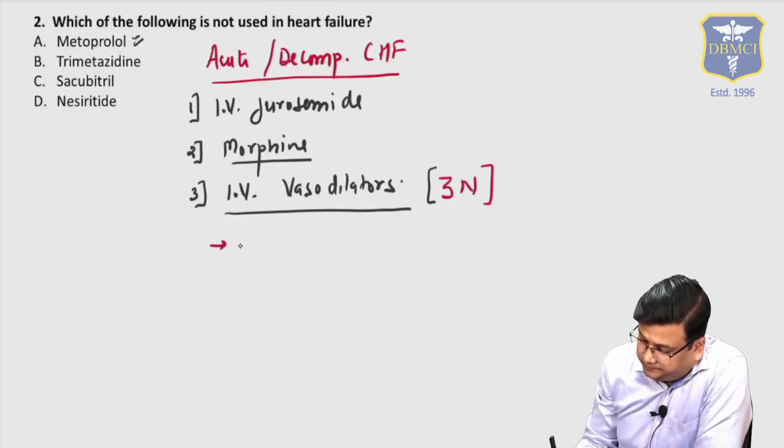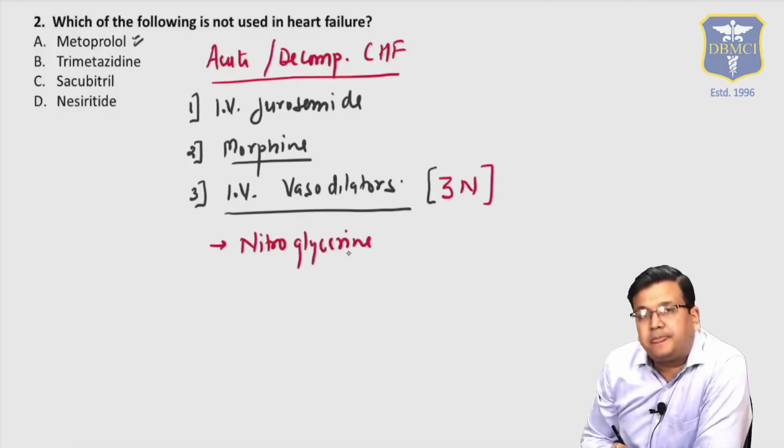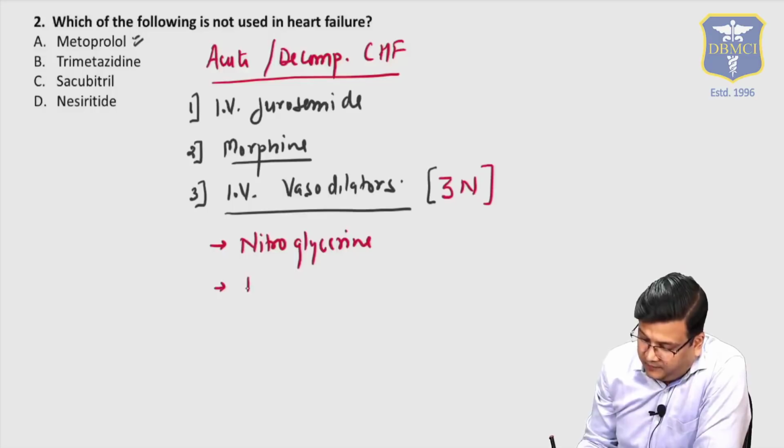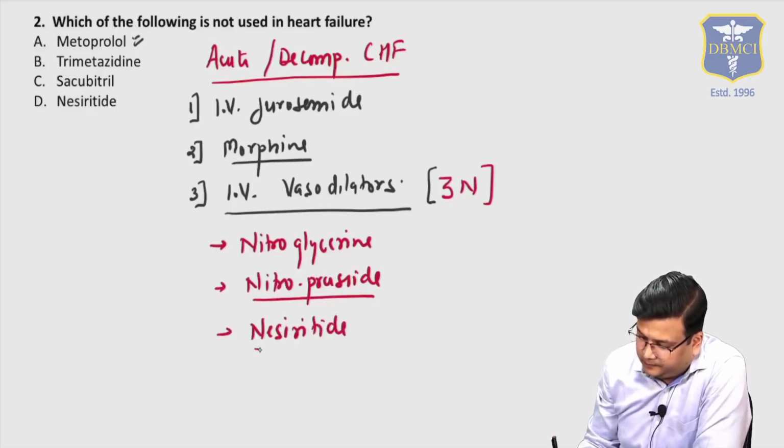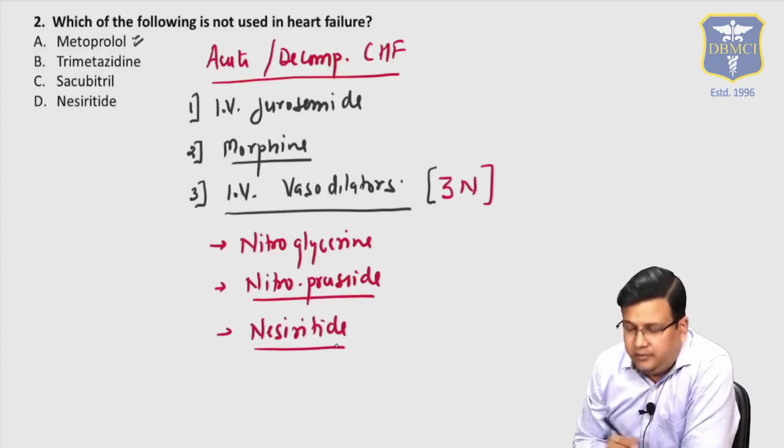So we have nitroglycerin which can be given. We have nitroprusside which can be given, and we have the third drug as nesiritide. What is nesiritide?